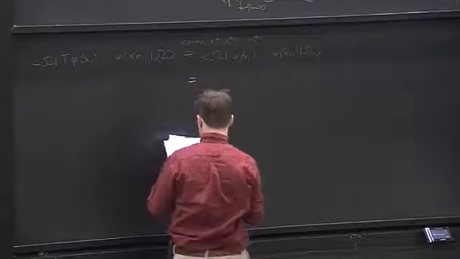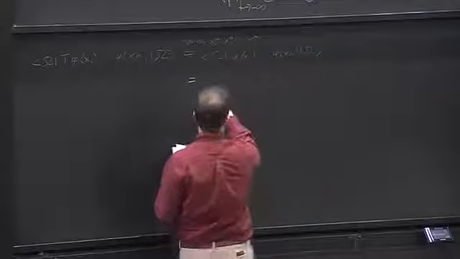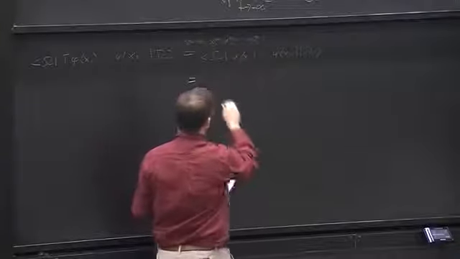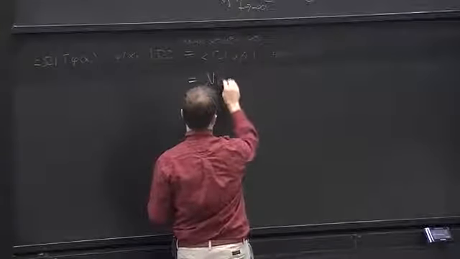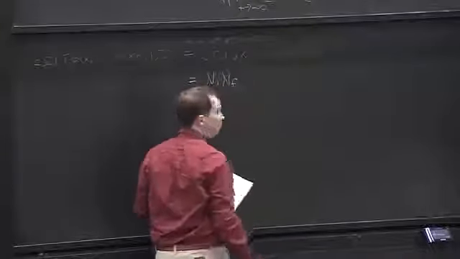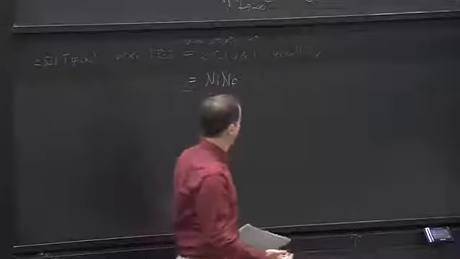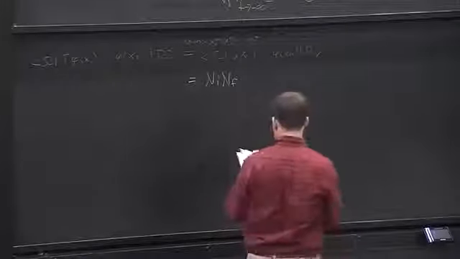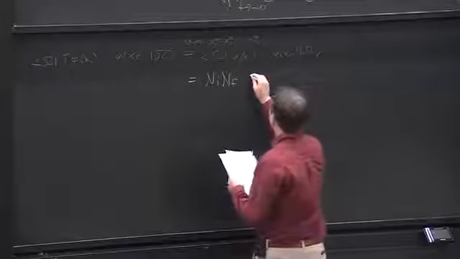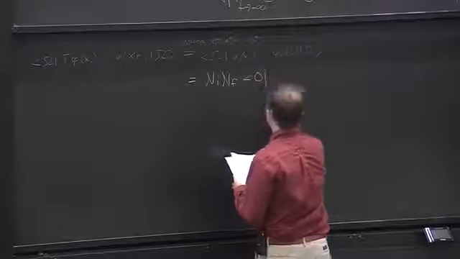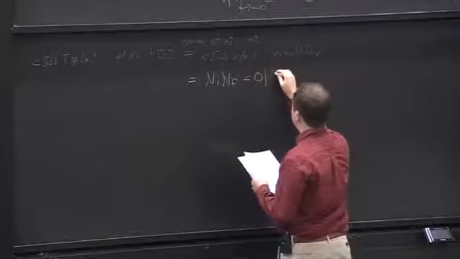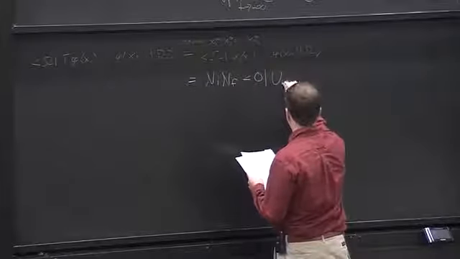And what we get is, you get a factor of N_i and N_f in relating the interacting vacuum to the free vacuum. And the interacting vacuum becomes 0, U infinity 0.